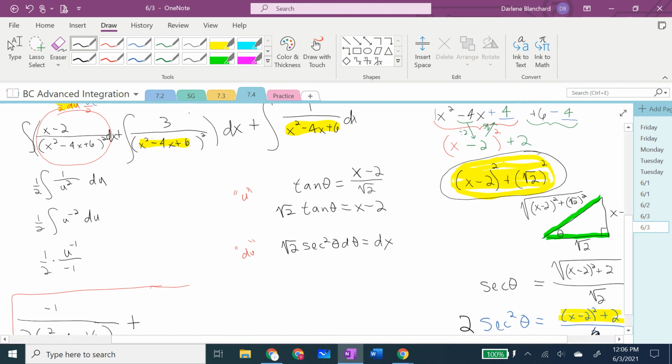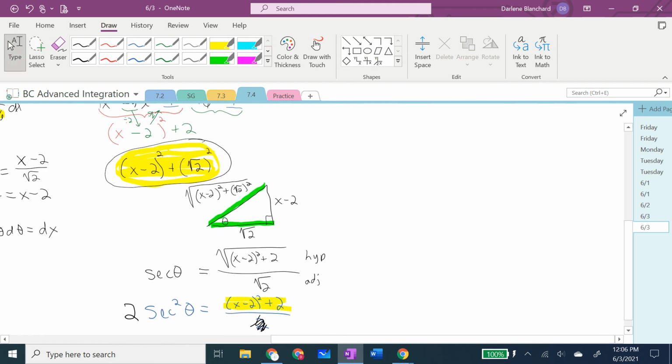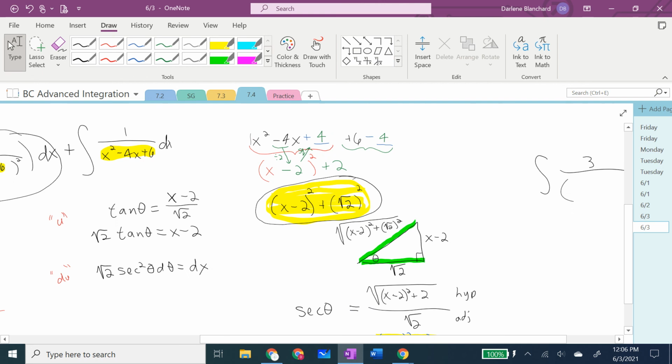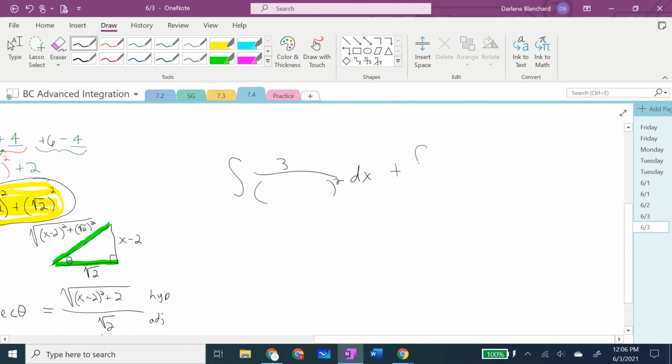I have the integral of 3 over highlight squared dx plus the integral of 1 over highlight times dx.